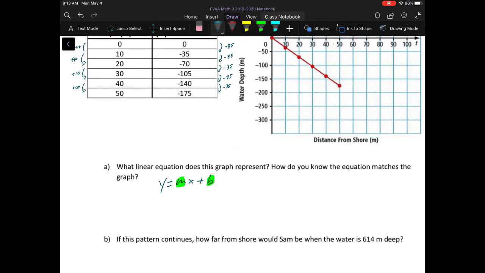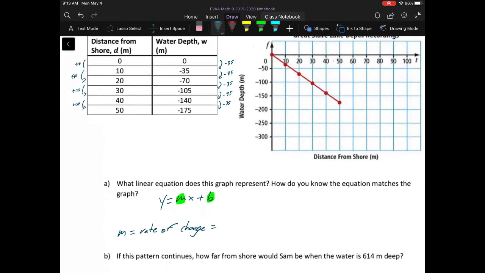All right, so here my rate of change in this situation is a fraction, okay? My rate of change is that it's going to go down 35 meters in depth for every 10 meters from the shore.